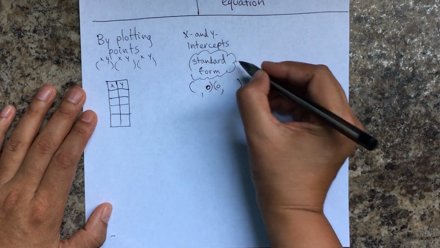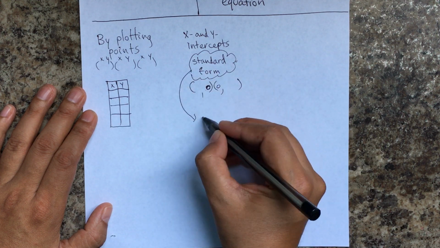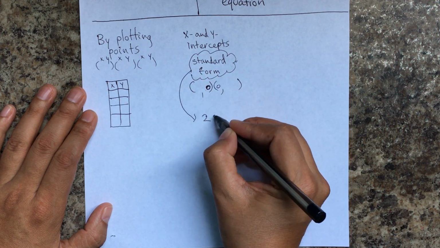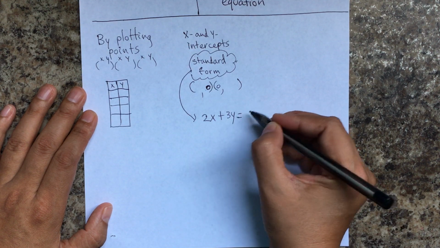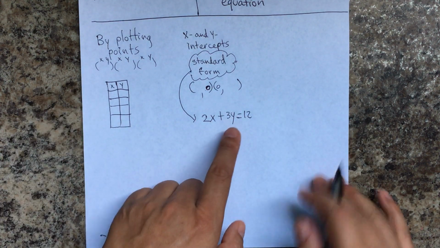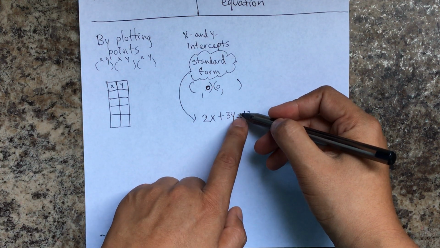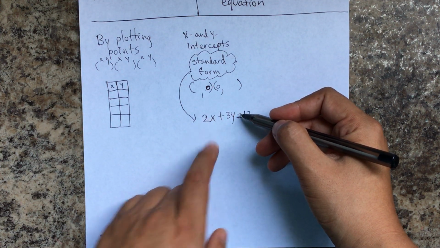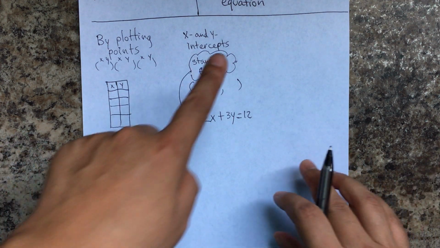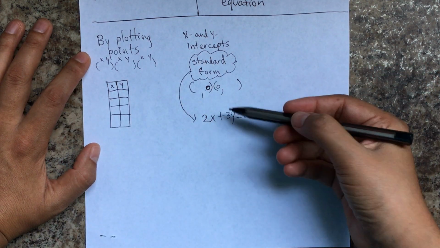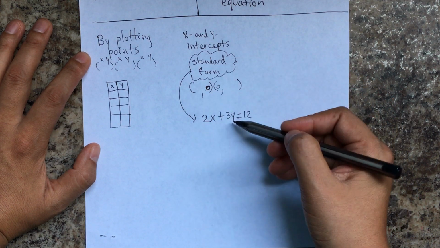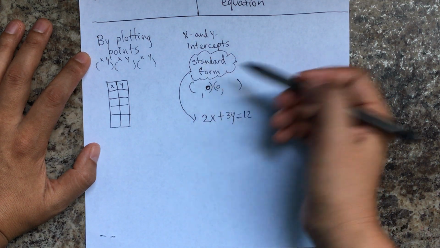So for example, the standard form, I'm going to write it here, like 2x plus 3y equals 12. Okay, your X and your Y are before the equal sign. But it doesn't only work for that one, but it's the best form to do it when the equation is in standard form.